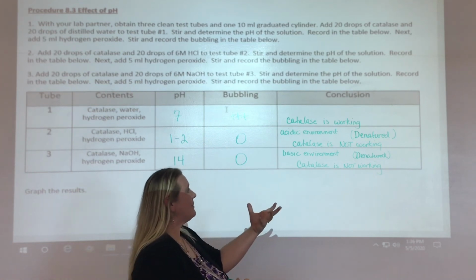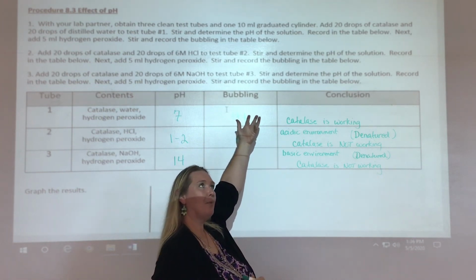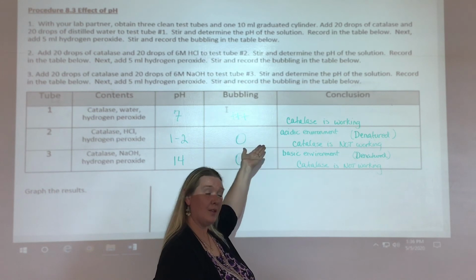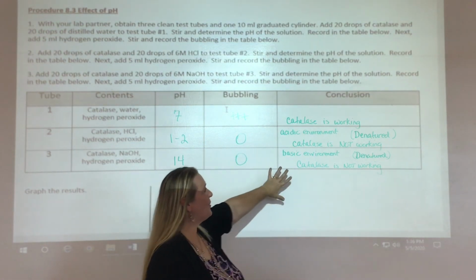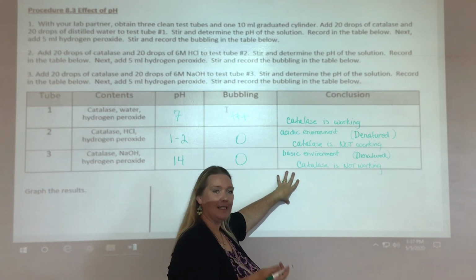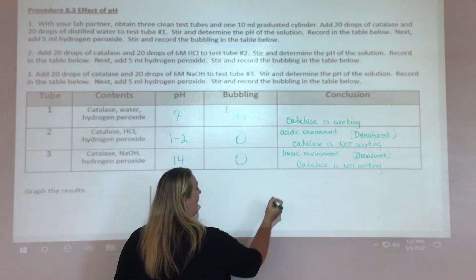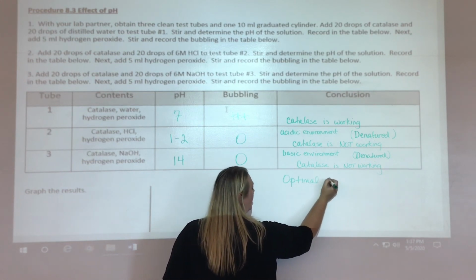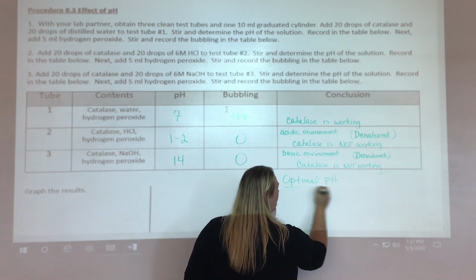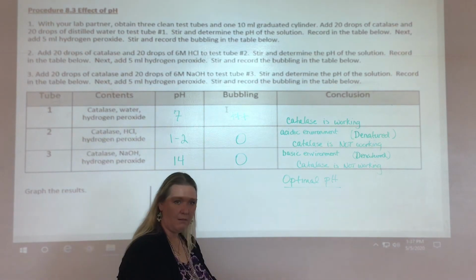So enzymes, like they prefer certain temperatures when we looked at the previous experiment here, they also like a certain or a specific pH. And so you're going to have an optimal pH that they like as well. Okay?